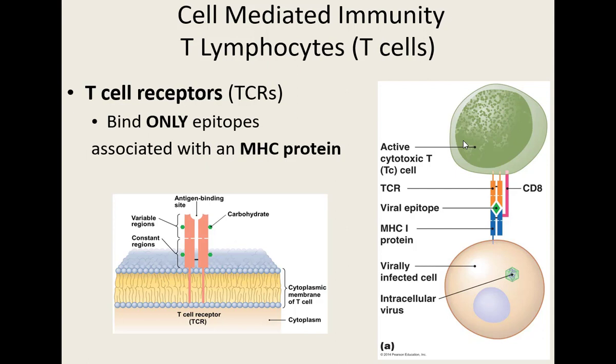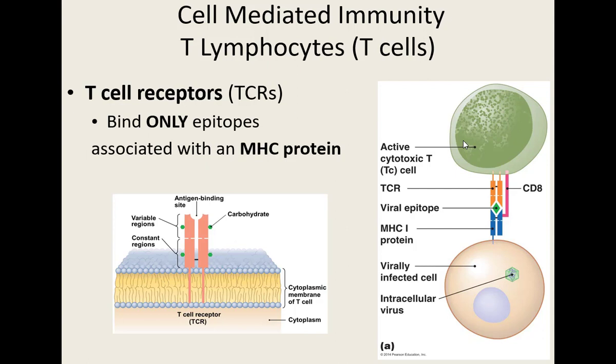Whether you have to look back at your notes or not, do you remember what cells carry an MHC class 1 antigen? All nucleated cells. Yes, all nucleated cells, which pretty much means every single cell in your entire body, except red blood cells. So all nucleated cells do have an MHC antigen. That just means every cell in your body has the ability to present foreign objects to T cells to recognize.